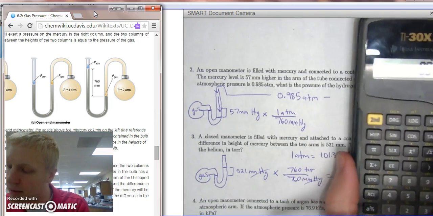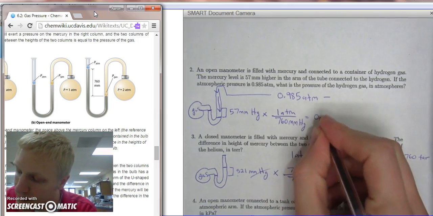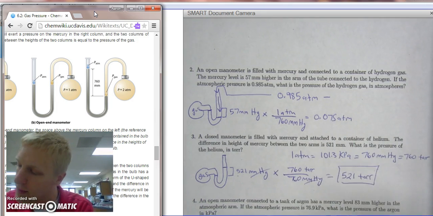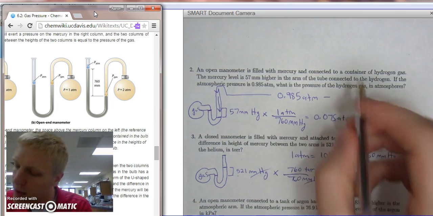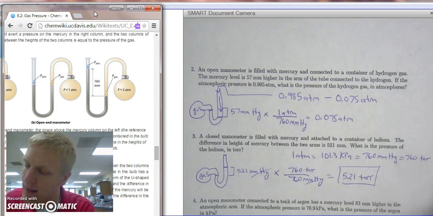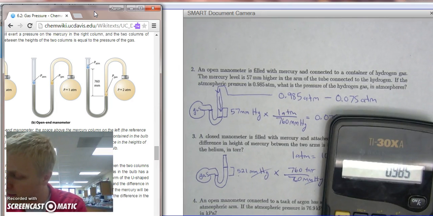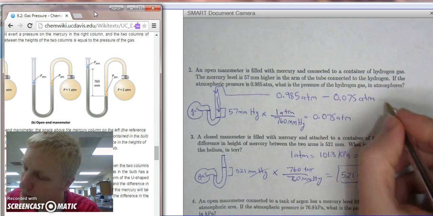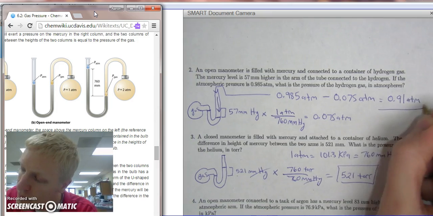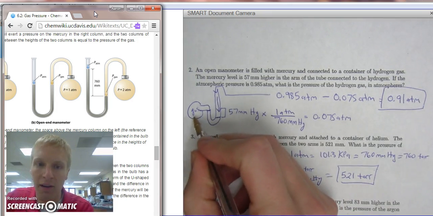Gives me 0.075 atm. So I'm going to subtract 0.075 atm. 0.985 minus 0.075 gives me 0.91 atm, which is the pressure of my gas.